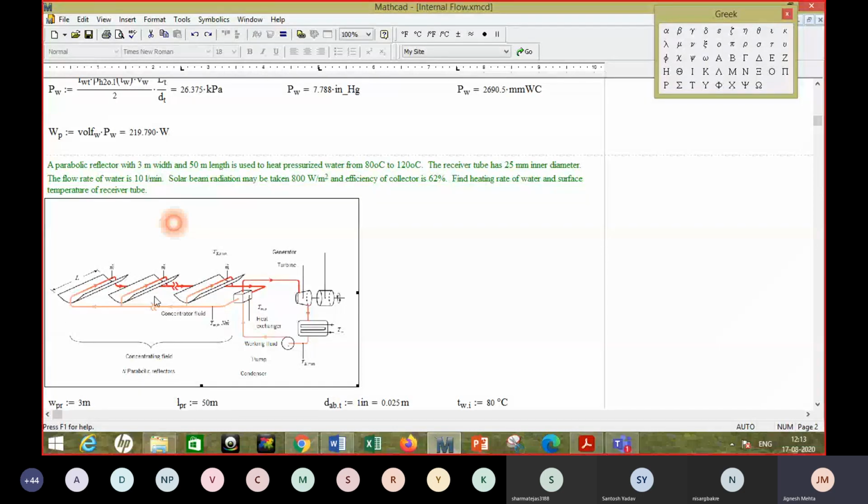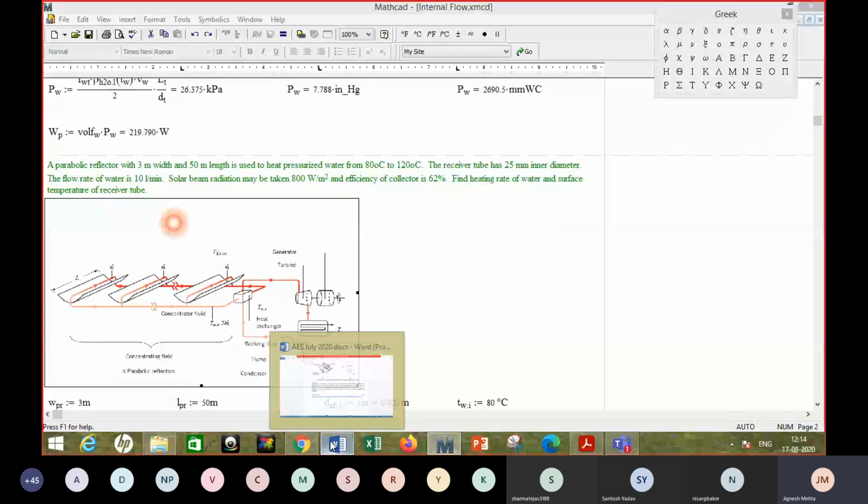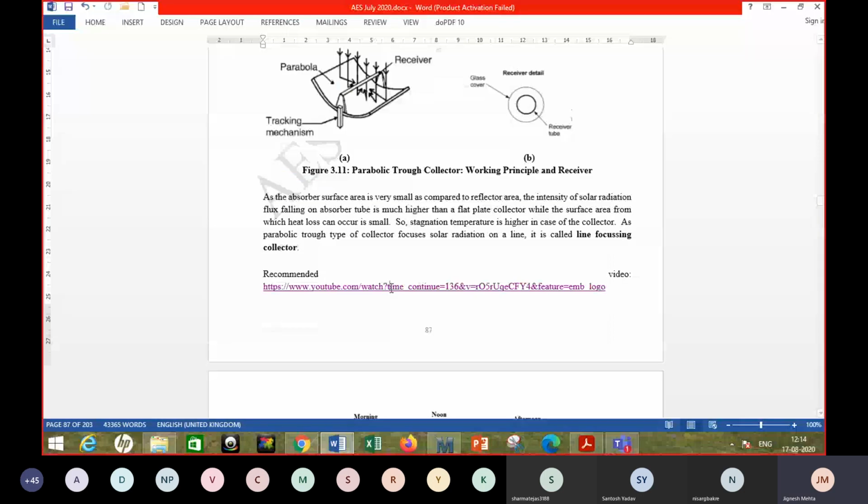They are put in series for flow of oil, and then it collects the heat from these collectors, and there is a heat exchanger, and there may be a Rankine cycle which may be run here, right? So we are trying to address this type of problem. You can watch this short video, and that might help you to get a better idea about parabolic trough type of collectors.